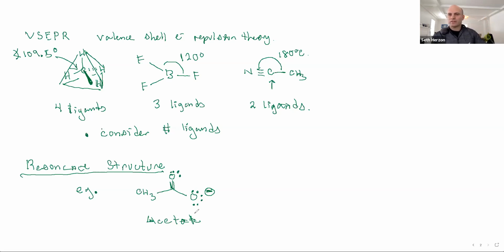Acetic acid is found in vinegar. It's a mildly acidic species. Anyway, I can draw this out, and the way I've drawn it, it might actually appear to you that the two oxygen atoms are different, right? One has a single bond to carbon, and the other has a double bond, right? And in fact, if one were to measure experimentally the lengths of these bonds, we find that they are identical.